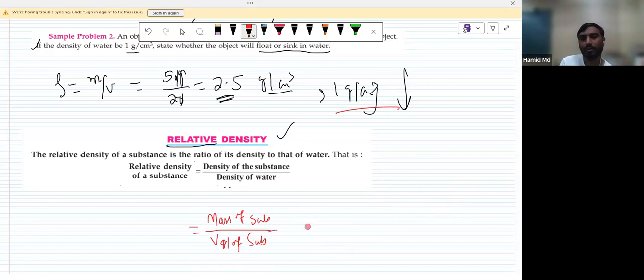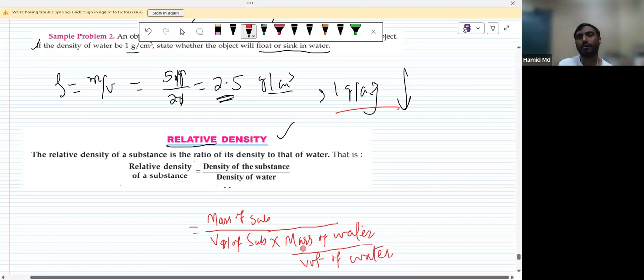So again, we have to divide it by the density of water. So I will write here mass of water divided by volume of water, right? Why are we doing mass of water divided by volume of water?